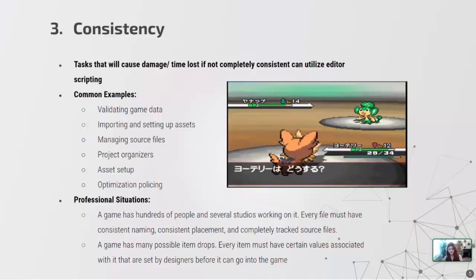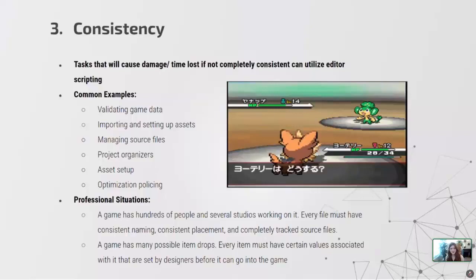Or they forget to give the trainer lines, or they leave it at default. You want to make sure that everything that needs to be there for there to be a battle is actually there, even though you have tons and tons of different battles to manage. So in this case, we might use some form of editor scripting to verify that when a designer adds a new battle to the game, they're actually adding all the data that needs to go with it.